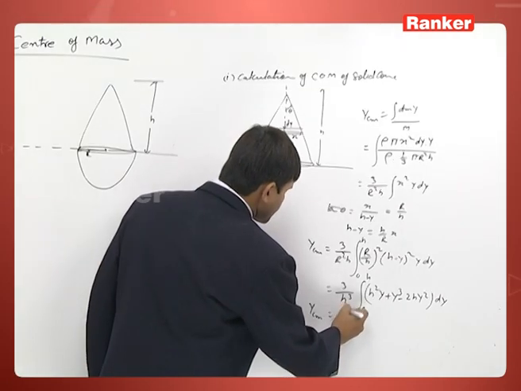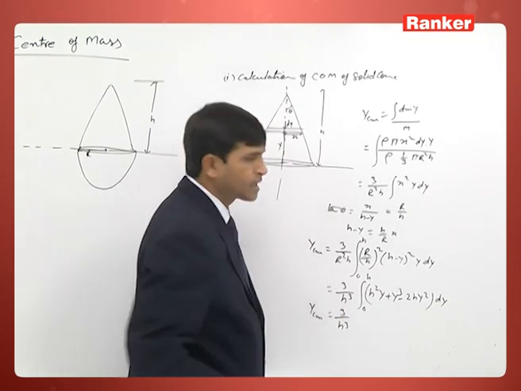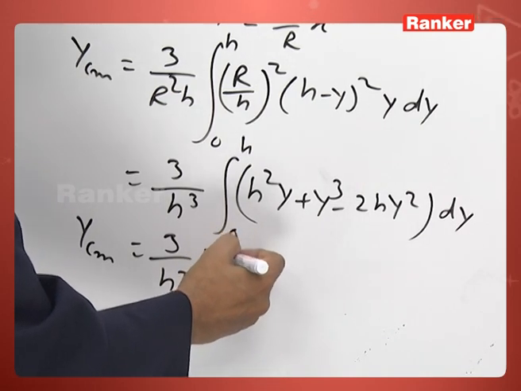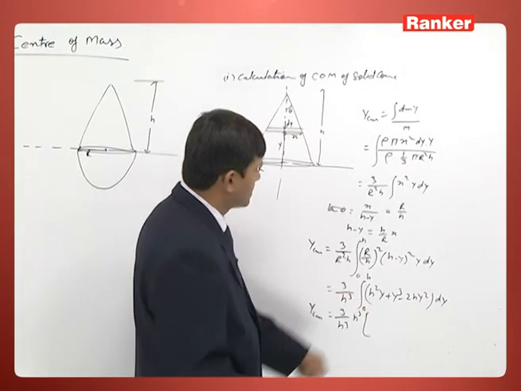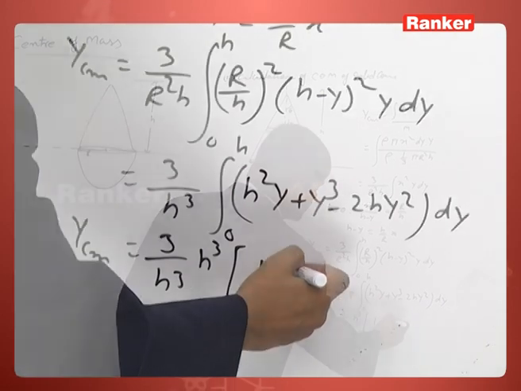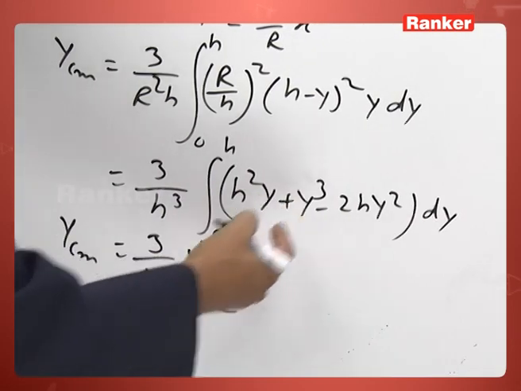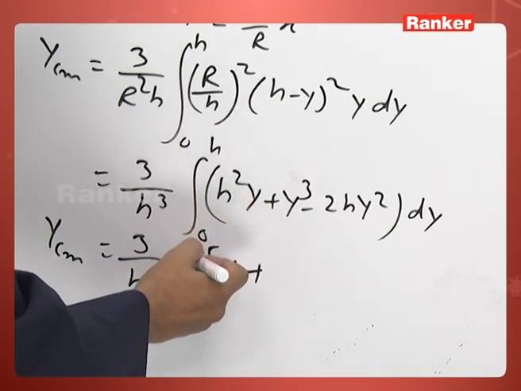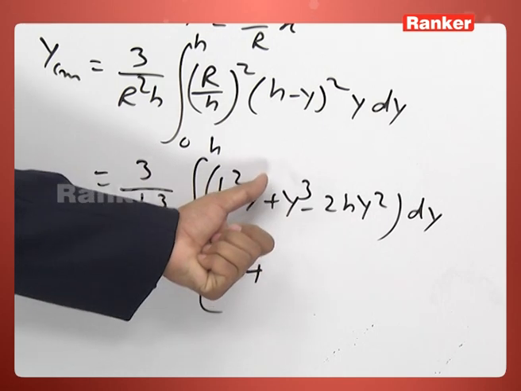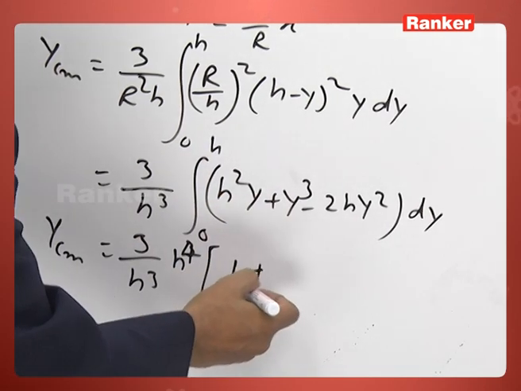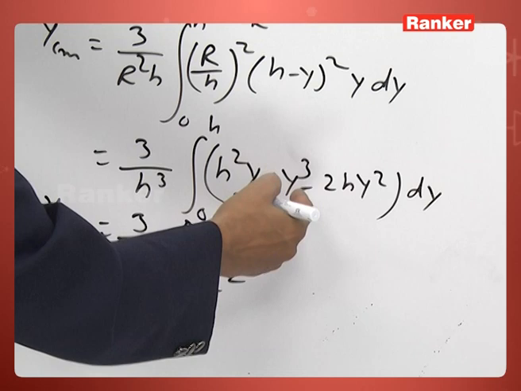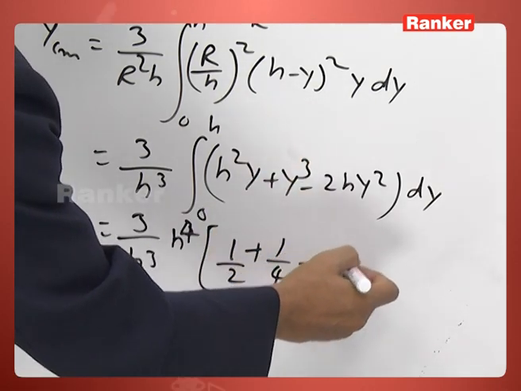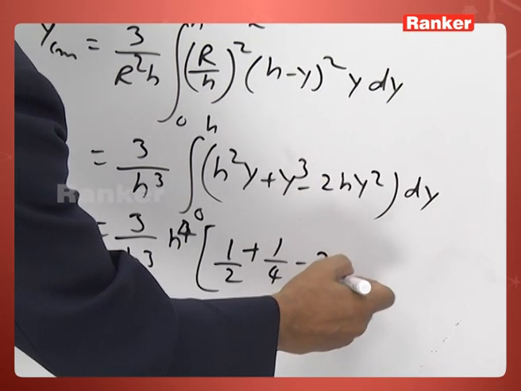YCM is 3 by h cube. Now simplify this. h cube we can take common. Taking h to the power 4 common: y square by 2 means 1 by 2, y to the power 4 by 4 means 1 by 4, minus 2 y cube by 3.